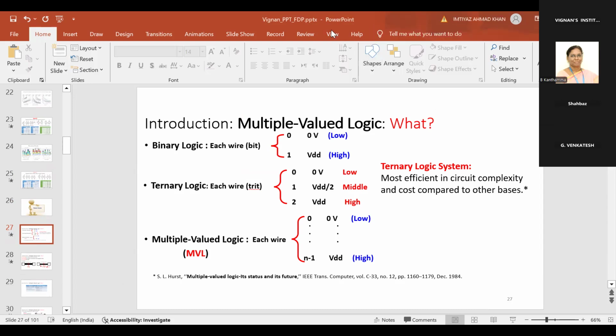Ternary circuit is just like what I've explained for binary, which means only two logic levels. But here I'm using three logic levels. Just listen carefully. In binary logic, zero means 0 volt and 1 means 5 volt.